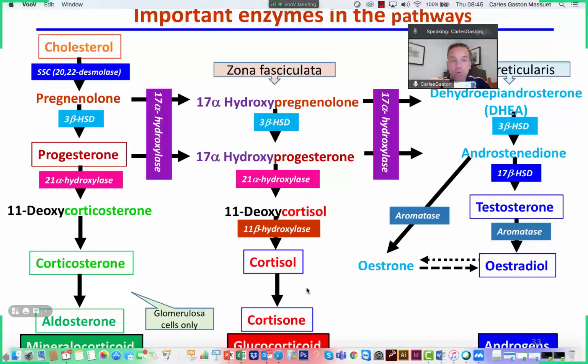We will study this in the physiological function, but basically too much cortisol because of a tumor or too much ACTH secretion leads to adrenalectomy. That will be explained in future lectures.